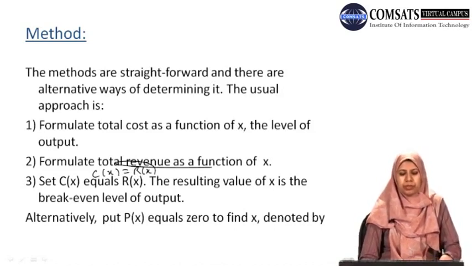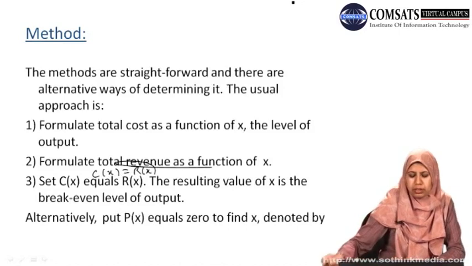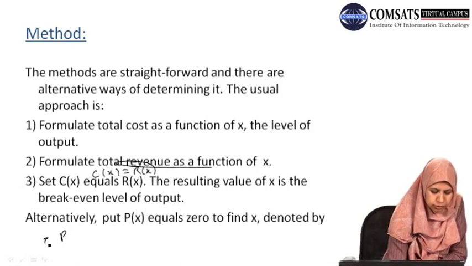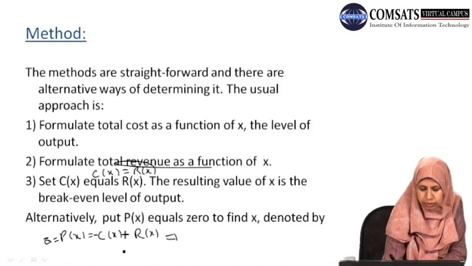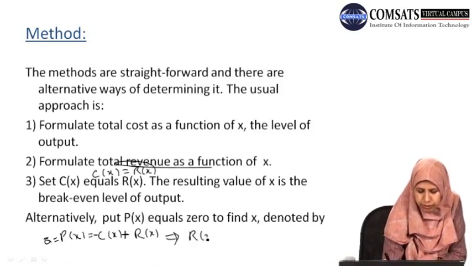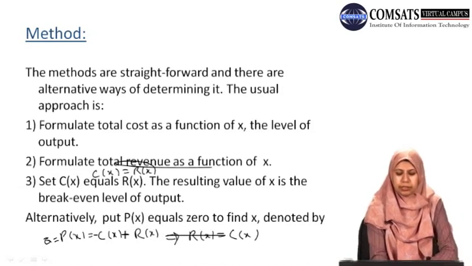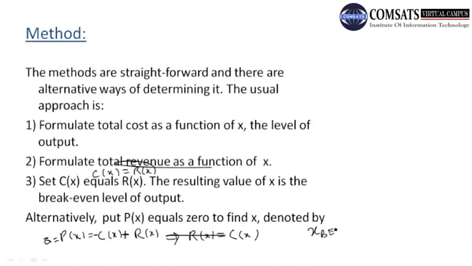Alternatively, we can put our profit function equal to 0 to find the value of x. That is, if we put our profit function equal to 0, again we obtain our third step, that is R of x equals cost function, and our break-even level of output is denoted by x with subscript capital B and E.